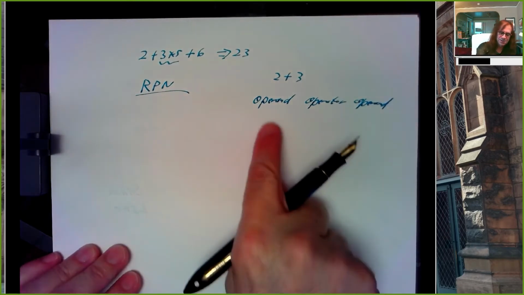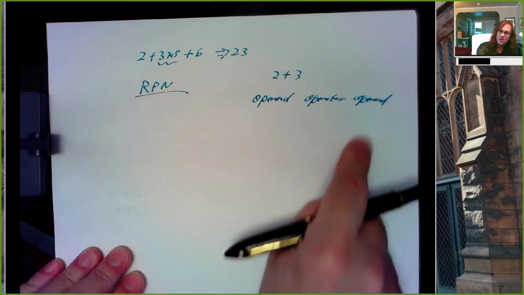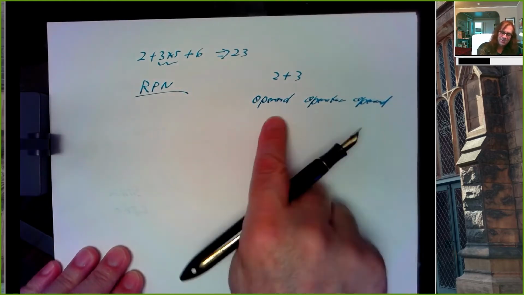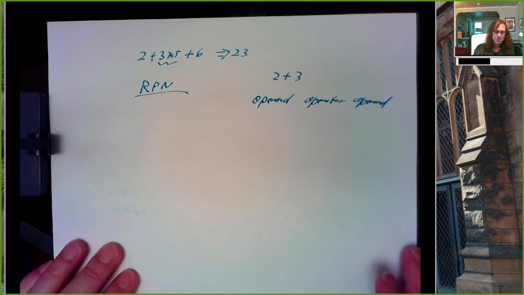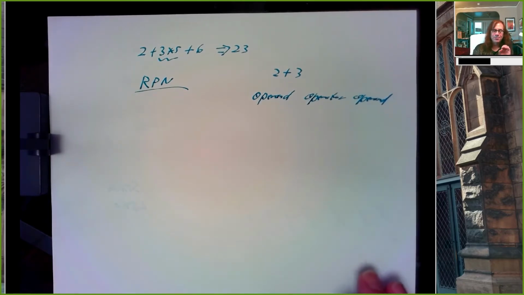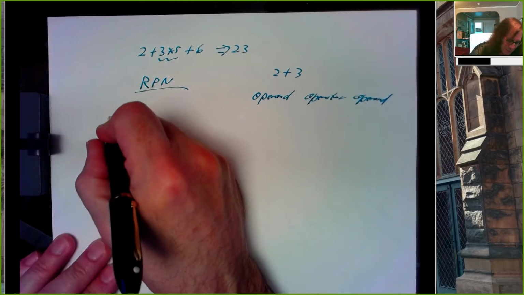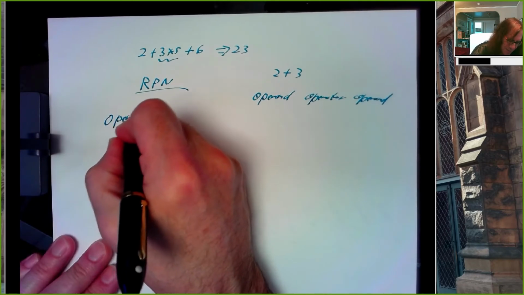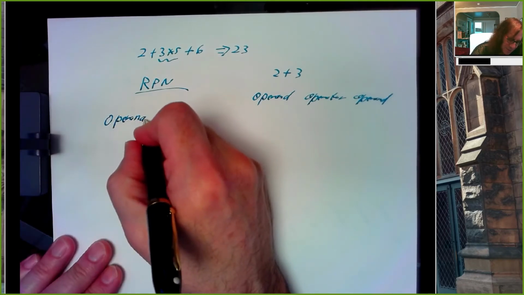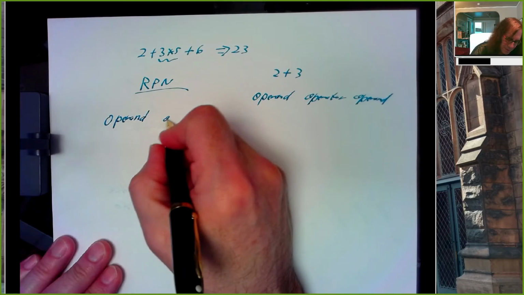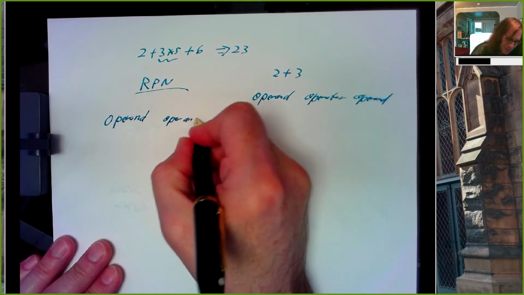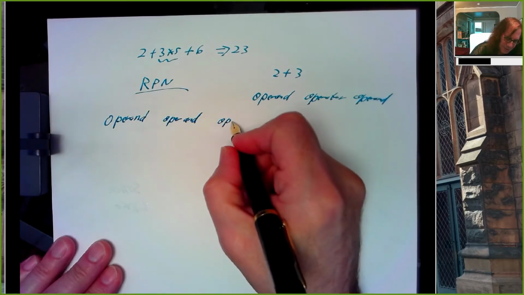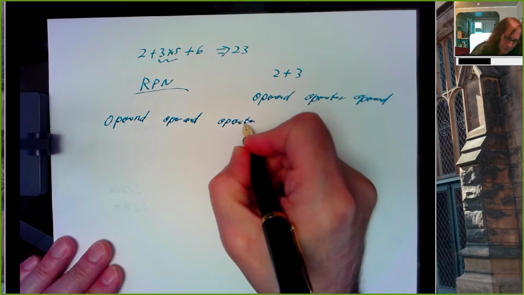We're saying here's a noun, here's a verb, here's a noun. And do that verb to those two nouns or objects. RPN was different. RPN, you would say operand, and then what you want done, operator.